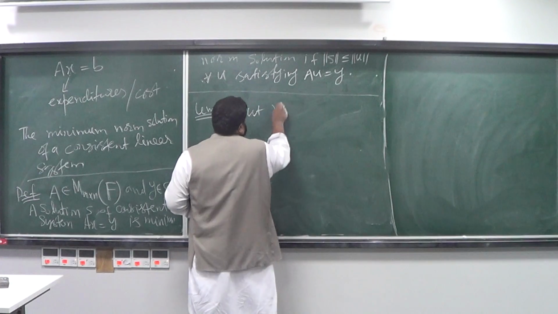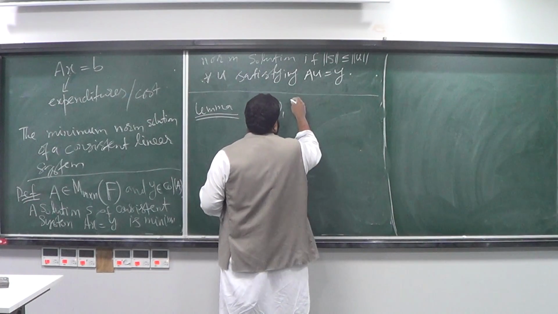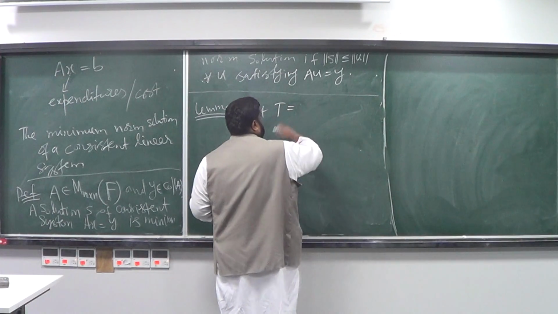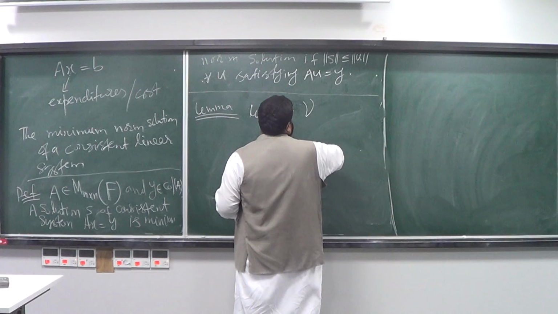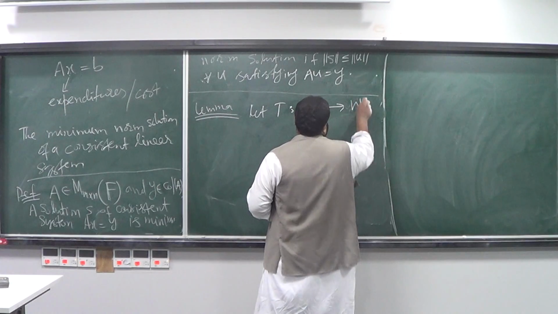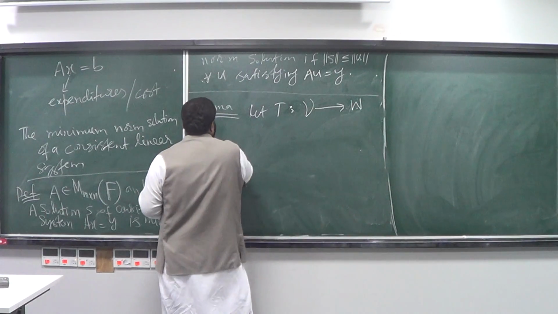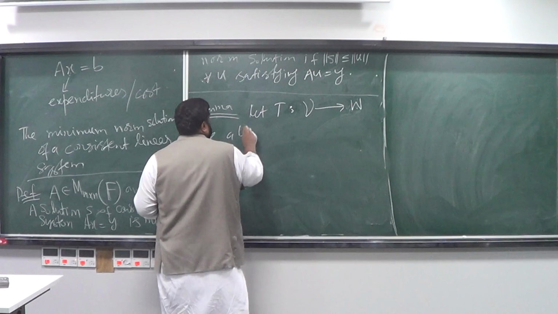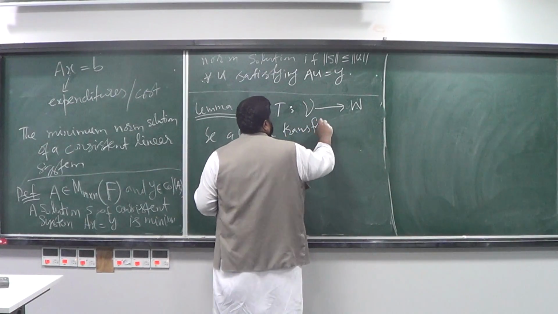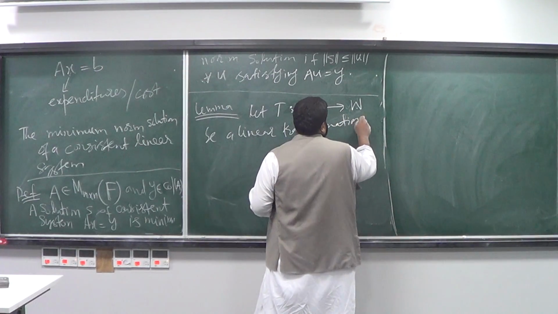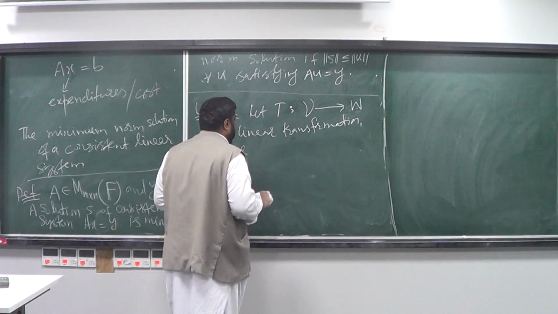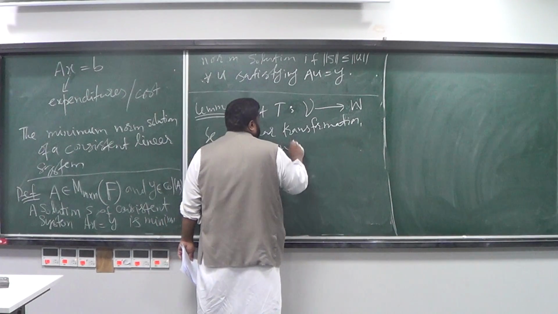Let T be a linear transformation from an inner product space V to an inner product space W, where V and W are finite dimensional.